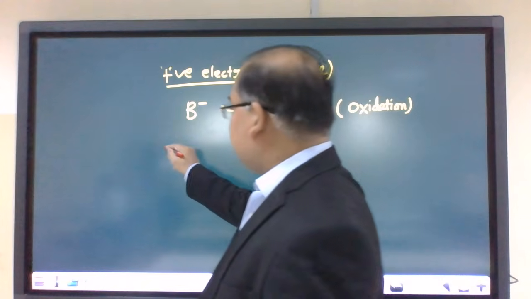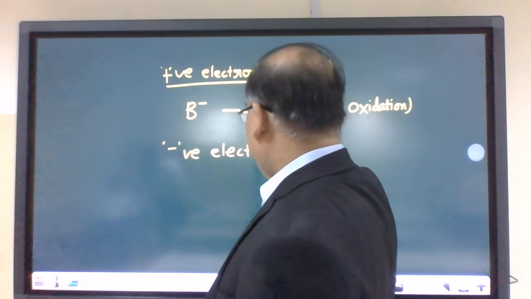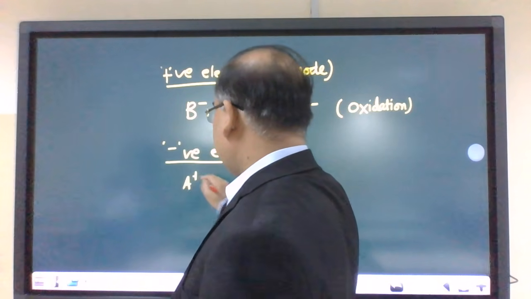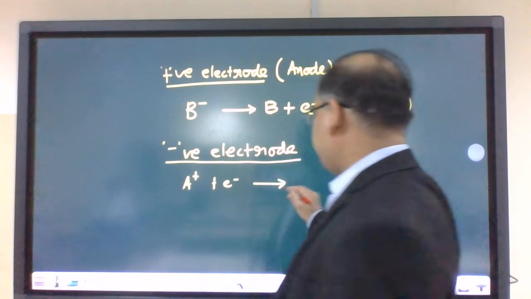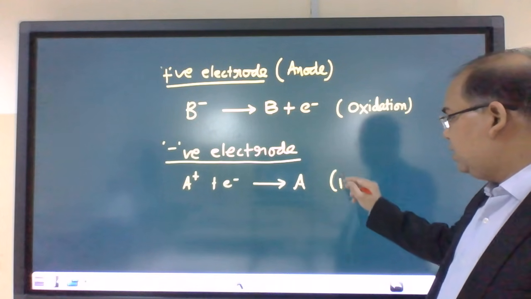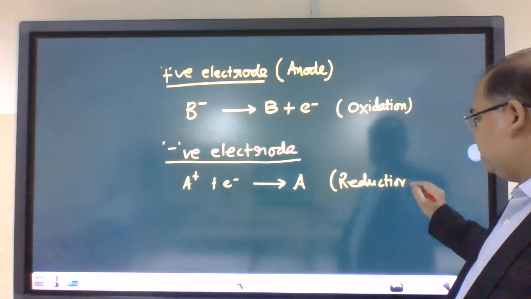And at the negative electrode, A+ will discharge to give A, and gain of electrons is reduction. Reduction always takes place at the cathode.